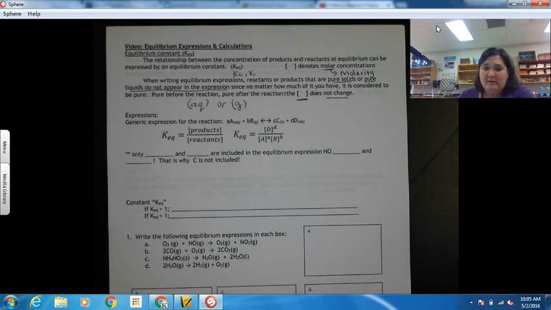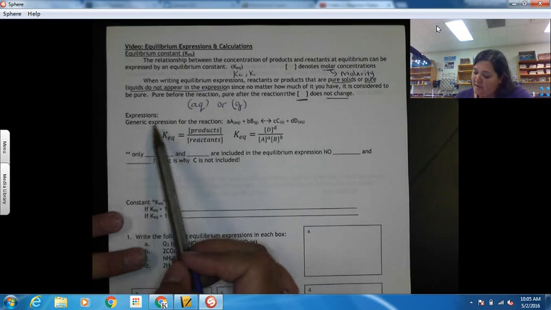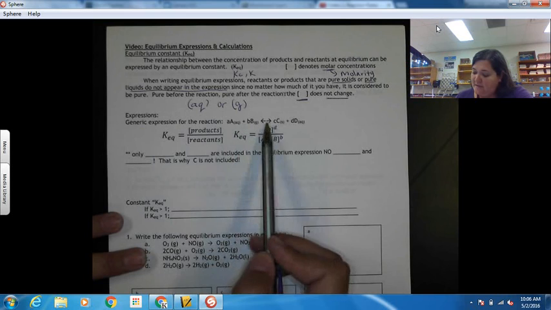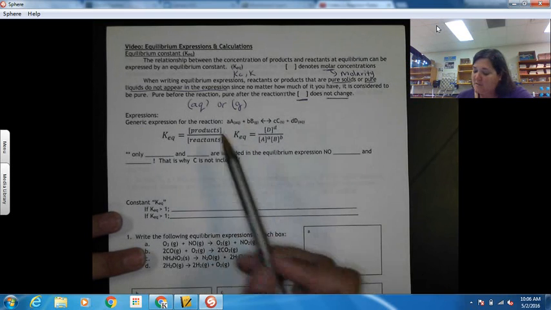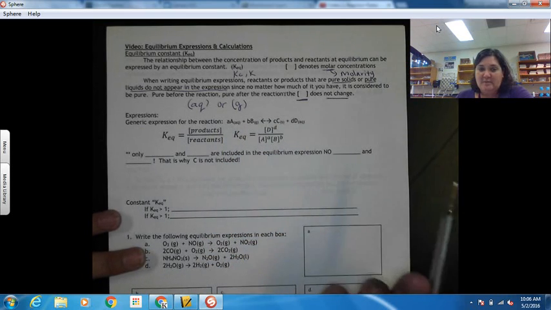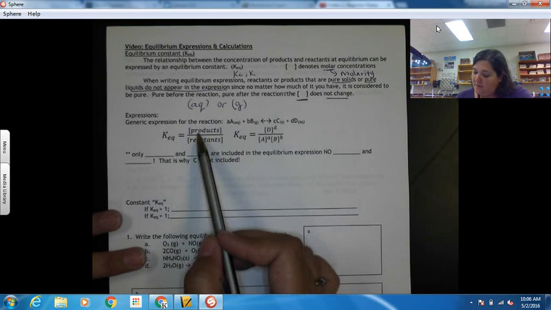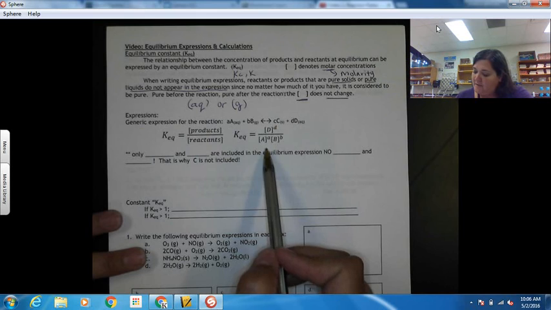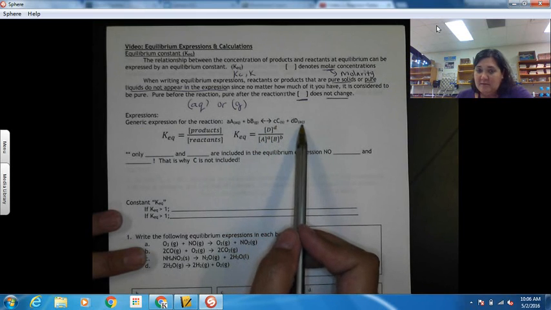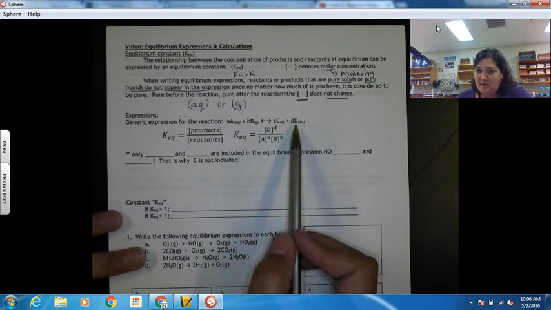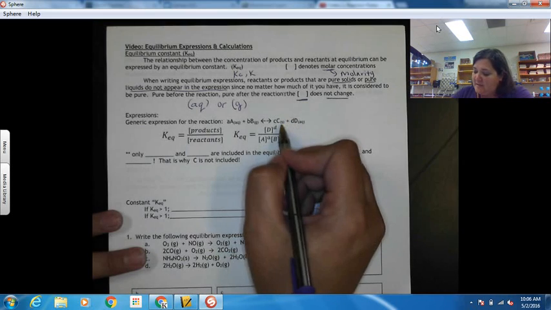Okay, so if we look at this example here, the generic expression for the reaction, the lowercase letters are referring to the coefficients. The uppercase letters are the substances. And so here we would have the products over the reactants. So our product D, which is aqueous, raised to the little d power, its coefficient. Now we leave out C because C is a solid.